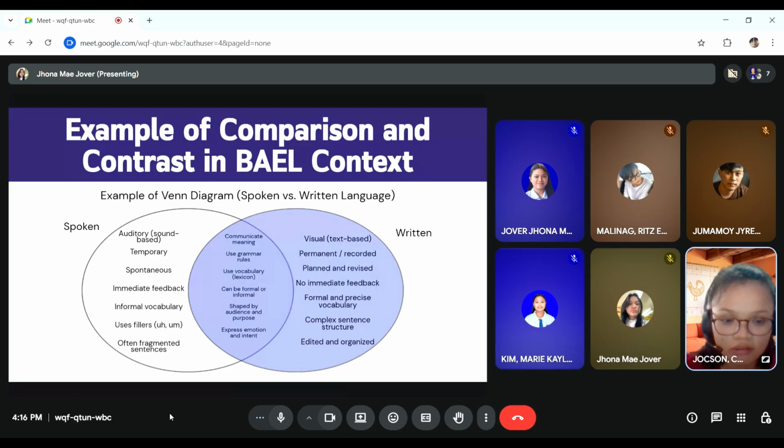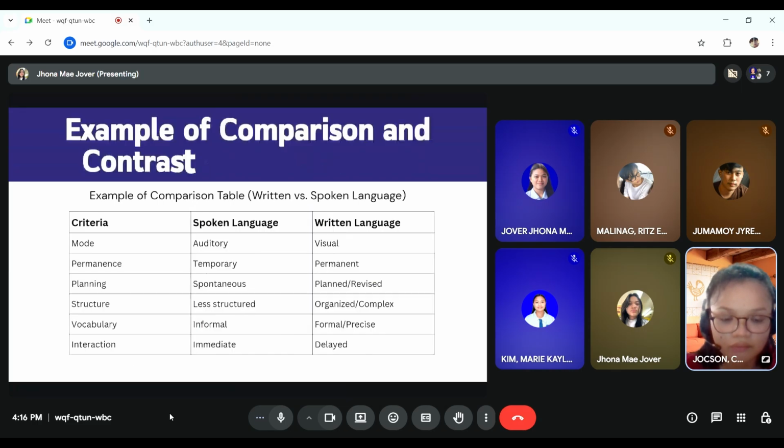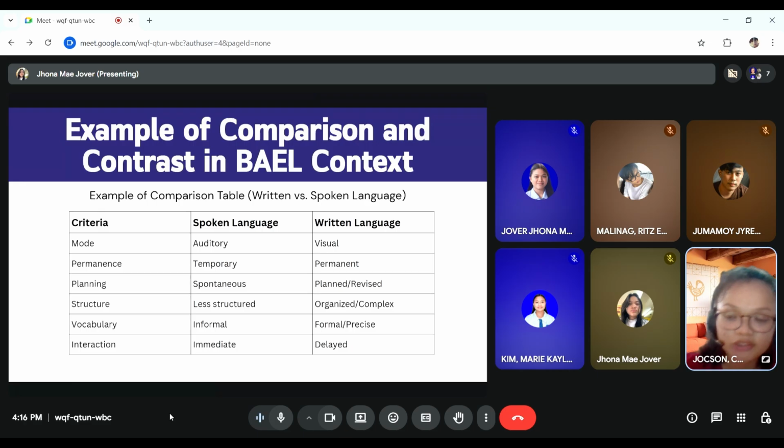And then for the next slide, please. Okay, we also have here the comparison table. Again, like what Miss Hover said, for the comparison table, the first row is for the criteria.